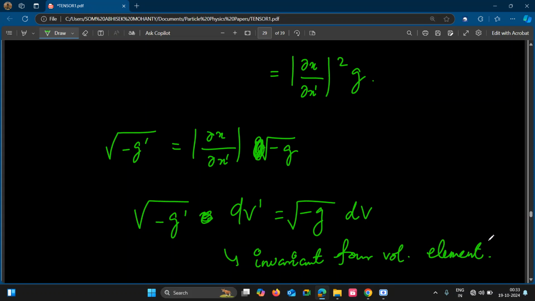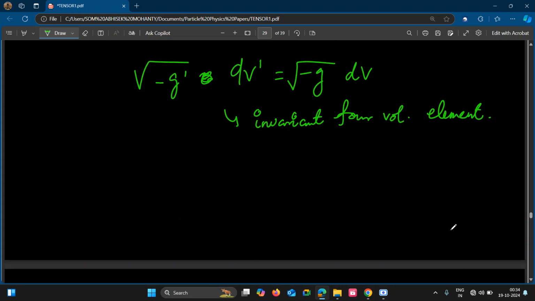So in special relativity, we have this g_αβ identified with the Minkowski metric tensor, right? The metric tensor is η_αβ.